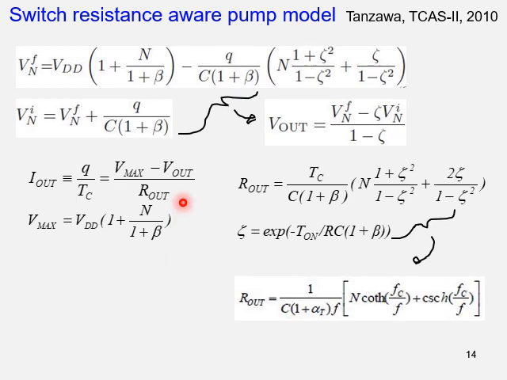So this is exactly the same equation as under the slow switching limit, or a very low frequency operation. The difference is the equivalent output resistance, which now has a frequency term like this.